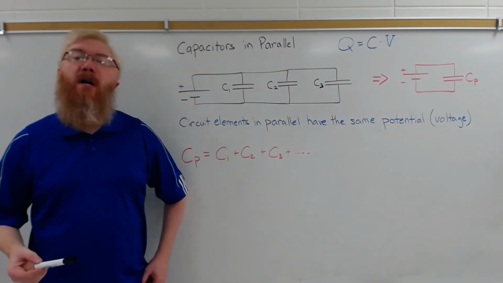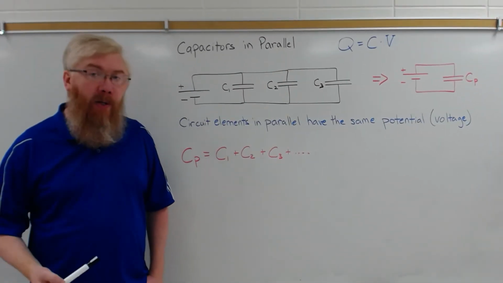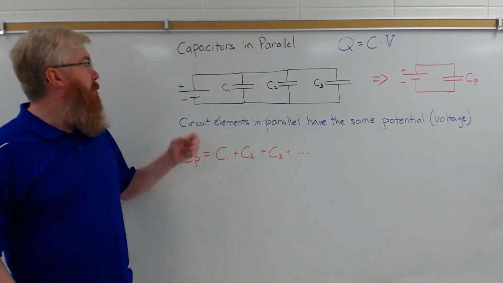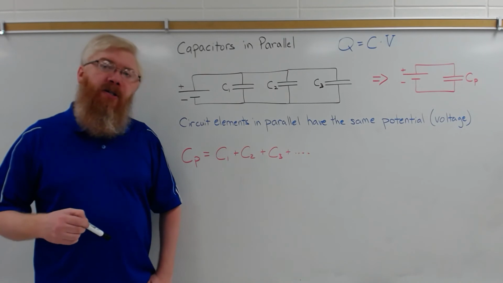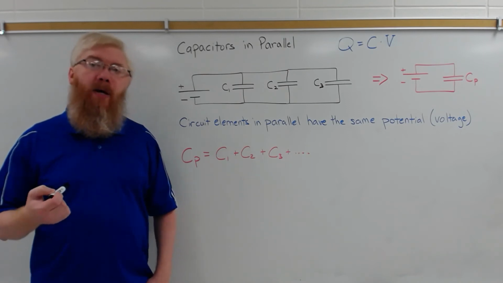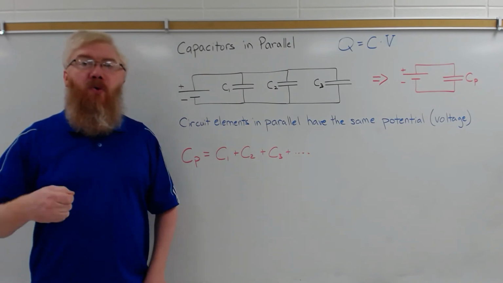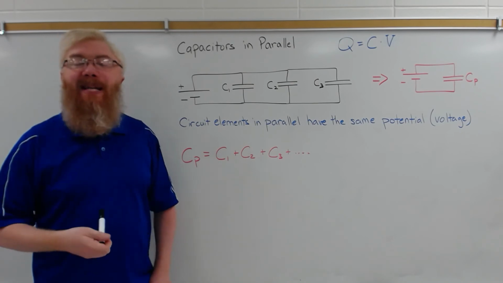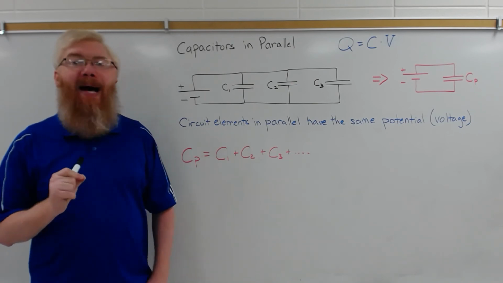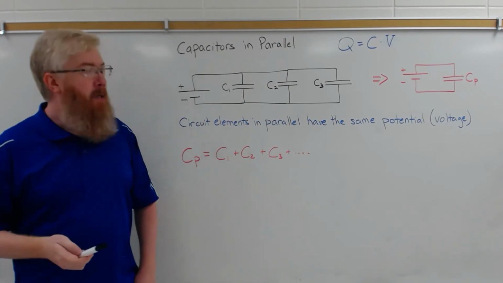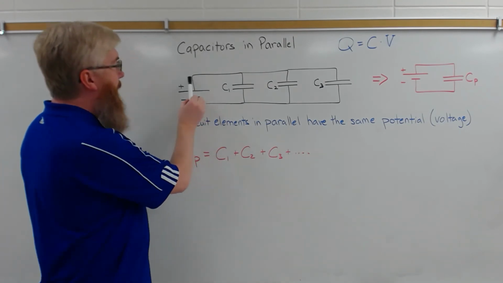So here we're going to talk about circuit elements in parallel configuration. A parallel configuration is one in which the charge that flows through a circuit has the choice of going through 2 or 3 or 4 or however many different individual circuit elements before coming back to the same location. So, for instance, here's a battery again.